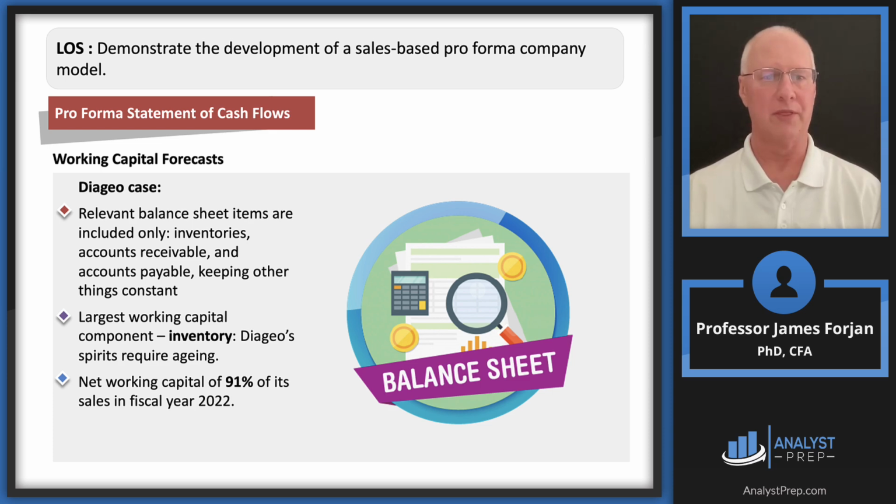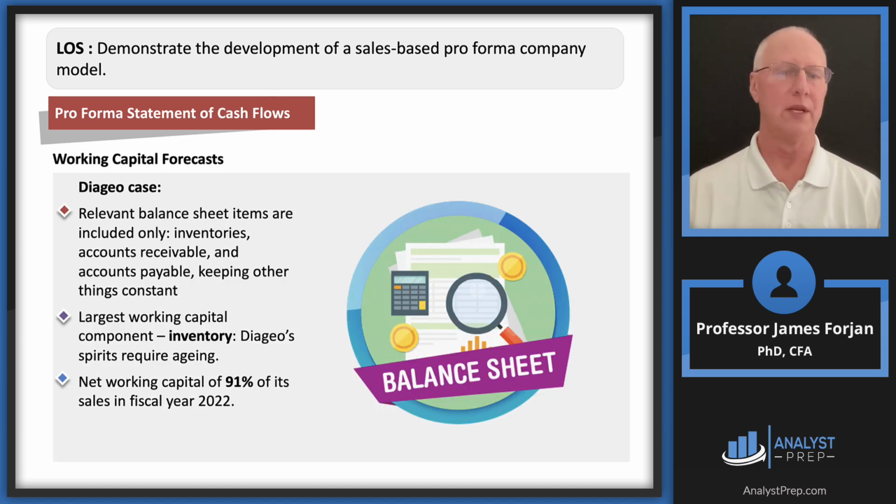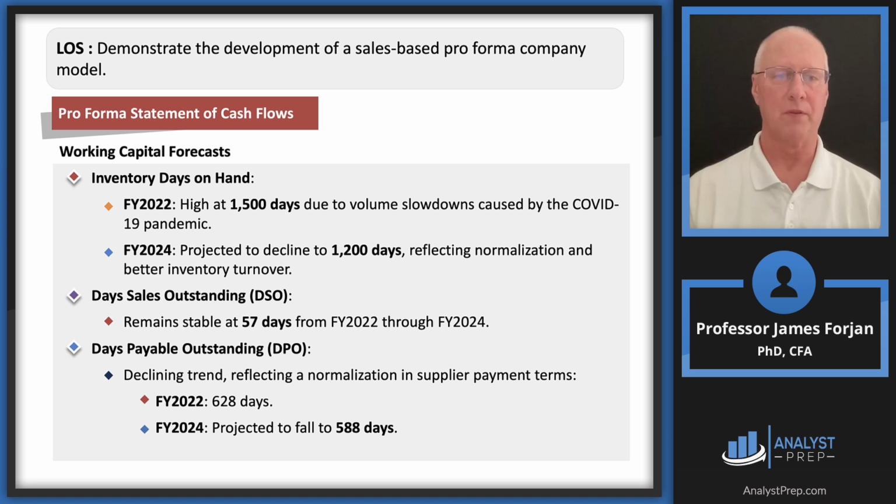A couple of things that are interesting. The largest working capital component is inventory. And for net working capital, well, there's a 91%. So let me go back to 2022. There's that 91%. A couple of other interesting things: 1,500 days of inventory on hand.